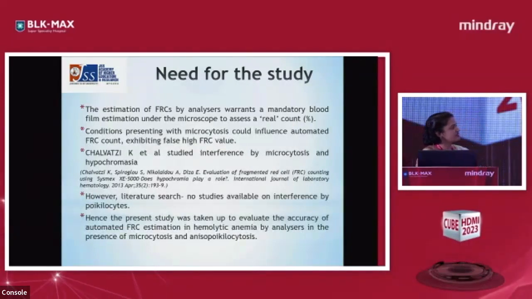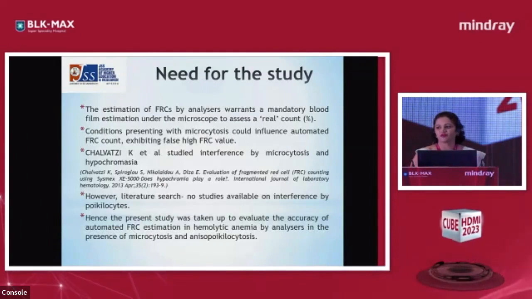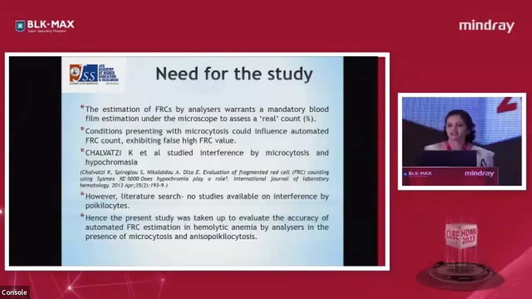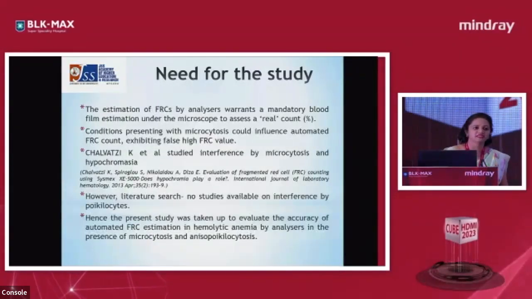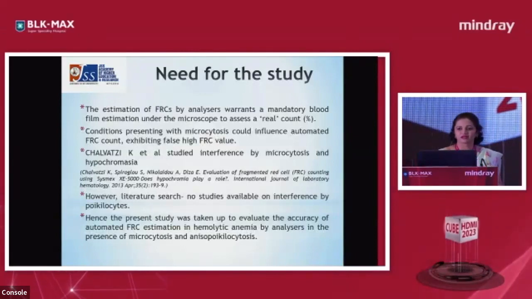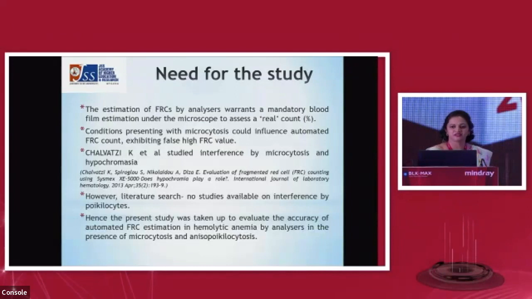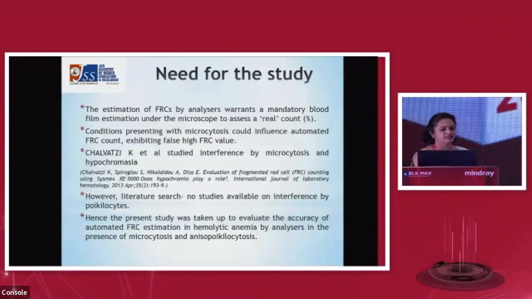The conditions presenting with microcytosis could influence the automated FRC count, exhibiting a falsely high FRC value. This was inferred after observing some cases of microcytic hypochromic anemia where there was flagging for fragmented RBCs and an FRC count approximately nearing 1% was given by the analyzer.